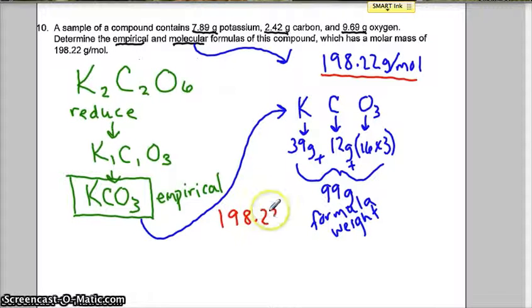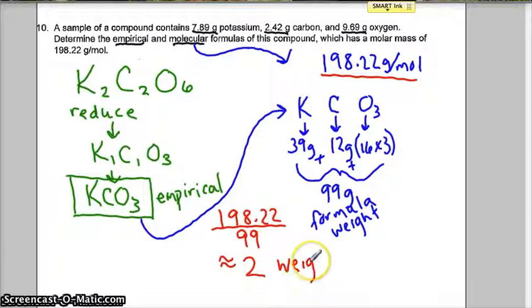So in order to find the molecular formula, the next step would be taking the sample mass, the 198.22, and dividing it by our formula weight, and that'll give us a weight multiple of 2. So that number we then take and modify our empirical formula with that.